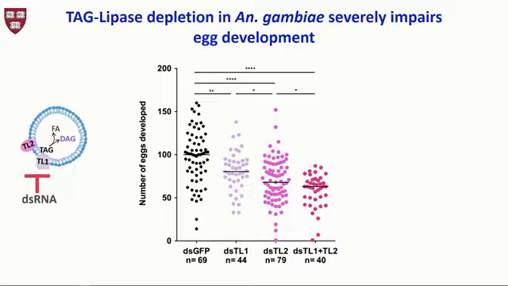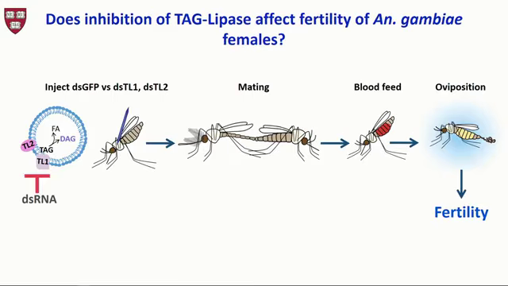So then we decided to assess whether, in addition to observing a reduction in the number of eggs, these eggs are viable. Are they good in any way? And so for that, we did fertility experiments in the same scheme.